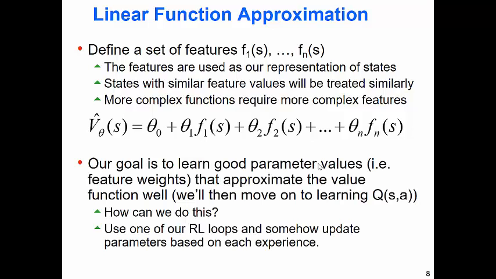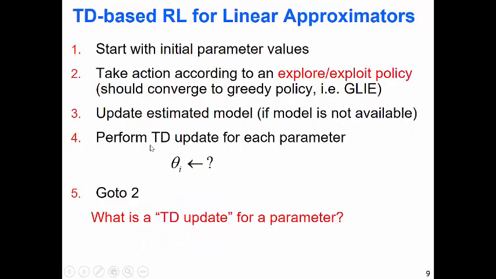So now the question is, how do we actually learn these value functions? Previously, we learned a value for every state, sort of explicitly. Now, the only thing that we have to adjust is these parameter values, theta. There are many fewer parameter values than there are states, and that's why we're hoping to get some savings.